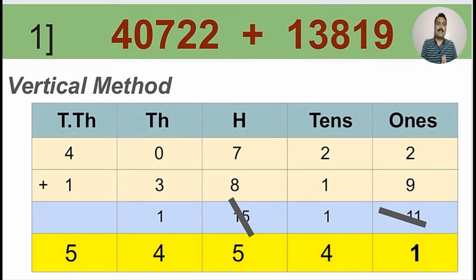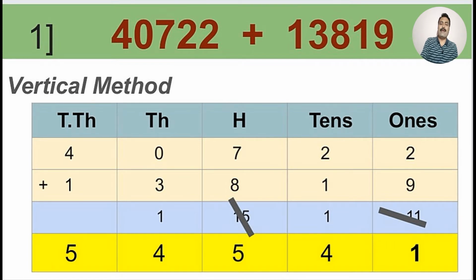Thereafter we arrange the second number, 13,819. While arranging the second number, 1, the extreme left digit, we arrange in the ten thousands column. 3 we arrange below 0 in the thousands column. 8 we arrange below 7 in the hundreds column. 1 we arrange below 2 in the tens column, and 9 we arrange in the ones column, below 2.